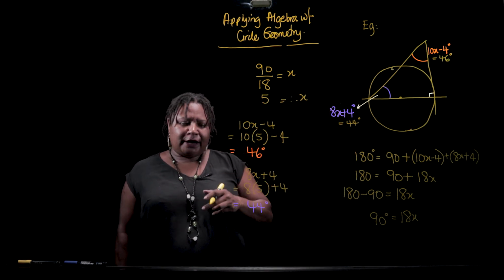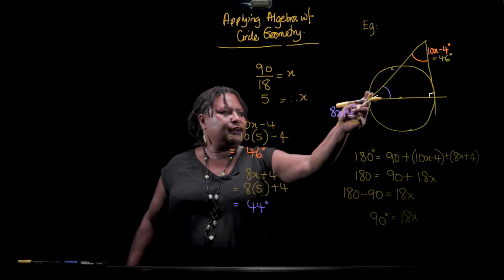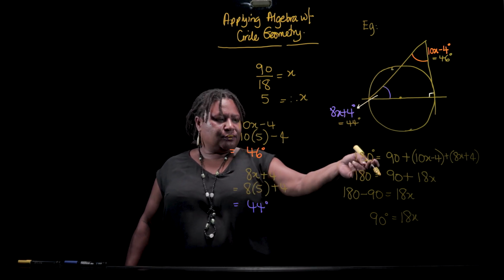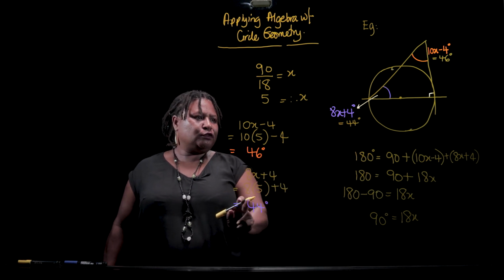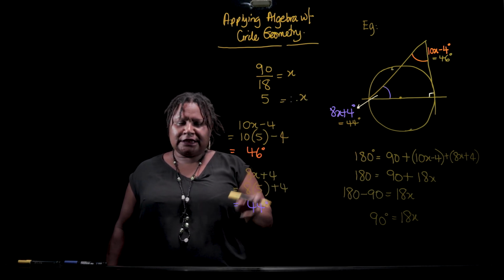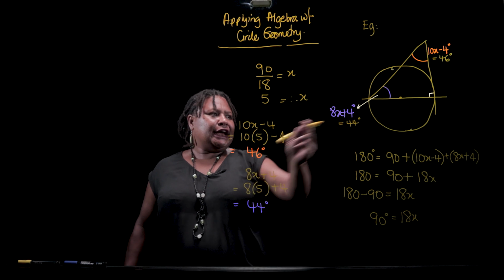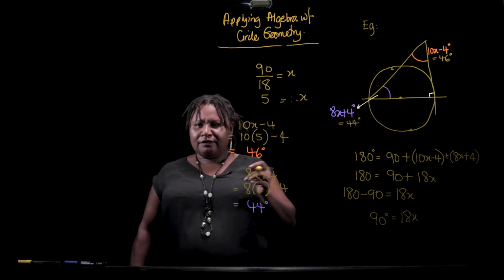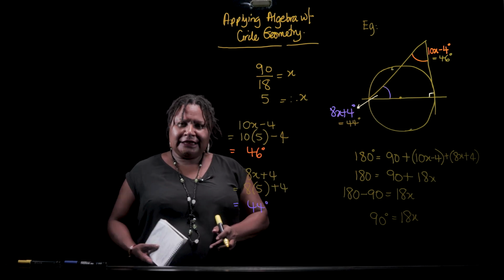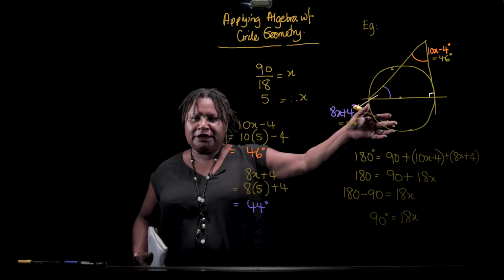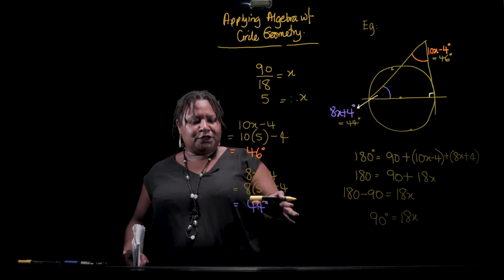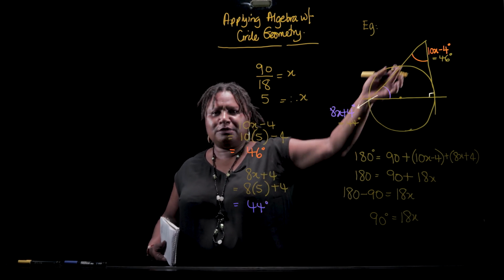We check by adding the three angles to see if we get the angle sum of 180. So 44 plus 46 is 90, and 90 plus that 90 there will give us 180. So we have used the second property together with algebra to find the size of the two missing angles.